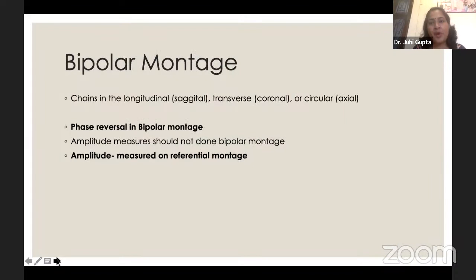The next broad category of montage is the bipolar montage, wherein you have the chains in longitudinal, transverse, or circular fashion. What do I mean by that? In a bipolar montage, each electrode is in reference to another electrode. I'll show you that.